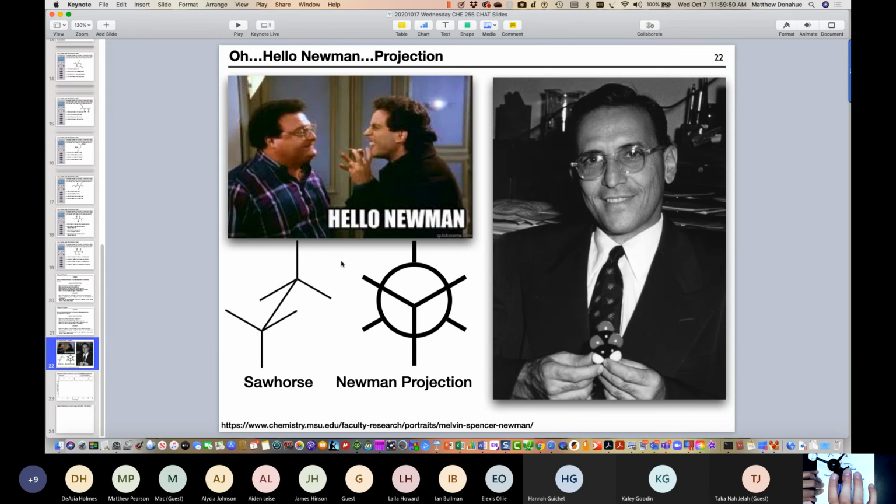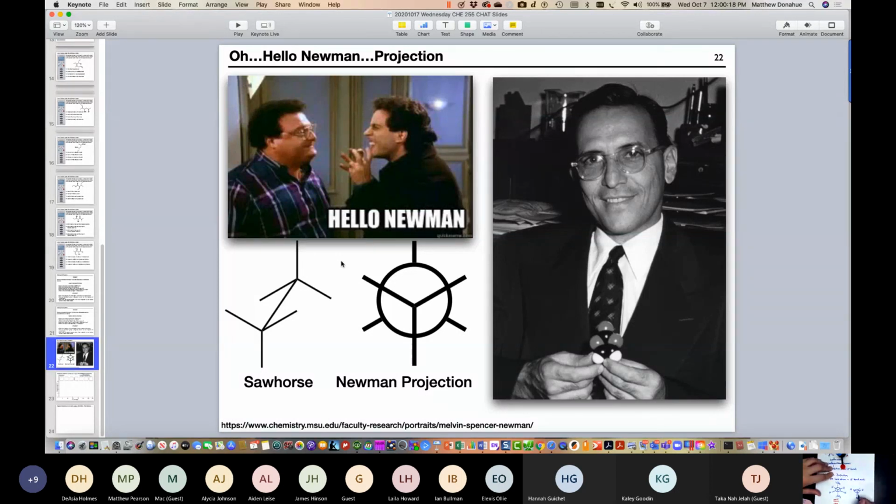So now the angle between them should be what? What should this angle be? The two methyl groups, methyl group 1 and methyl group 4. Looking down that axis, what is the angle between them? So as Taka points out, it's 0.